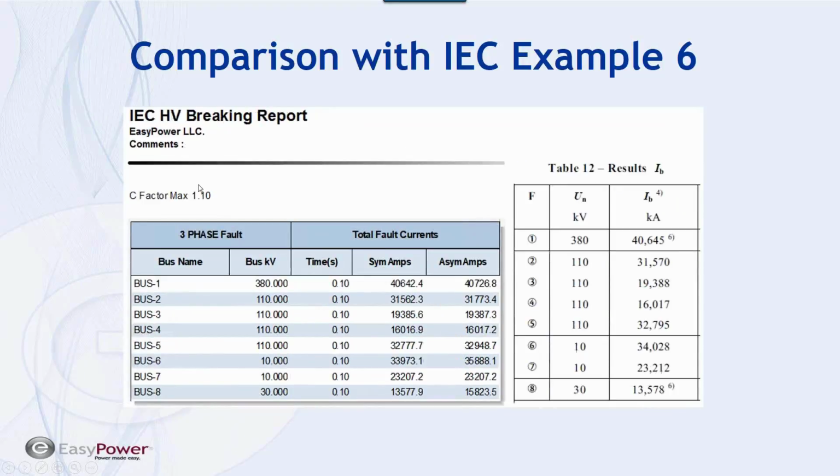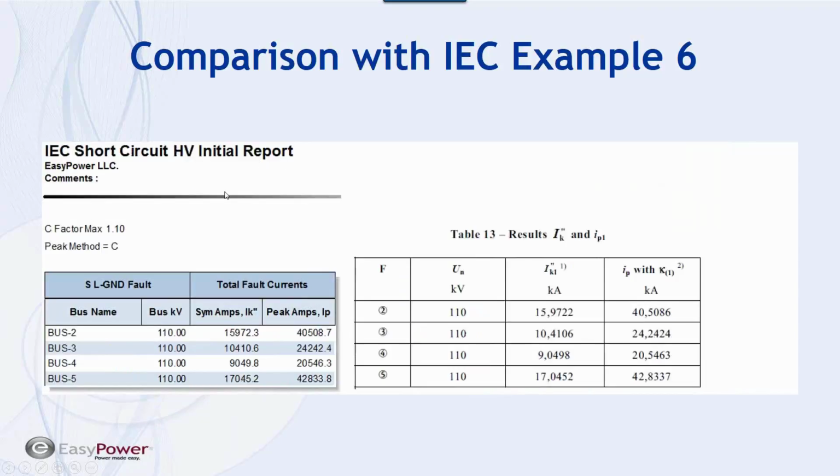HV breaking values, C factor 1.1, and the asymmetrical, symmetrical breaking values here. The same report, HV initial report, C factor 1.1, peak method C, and the values get compared here. Initial, peak.